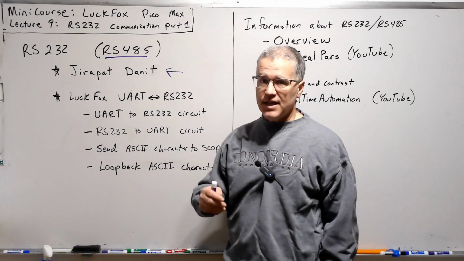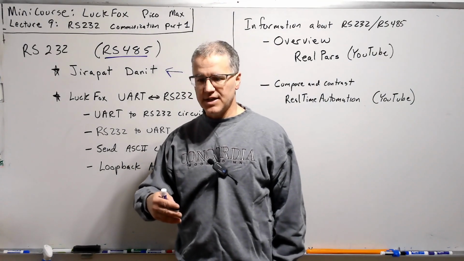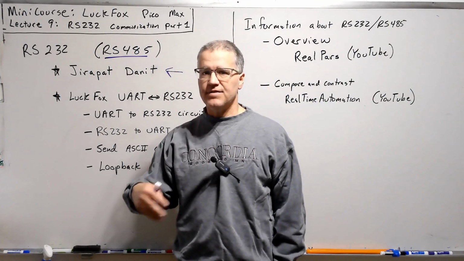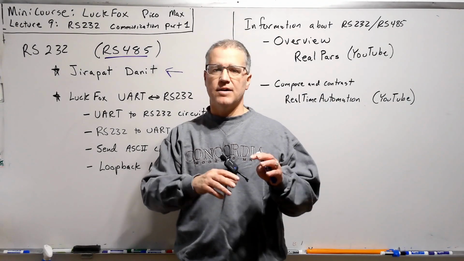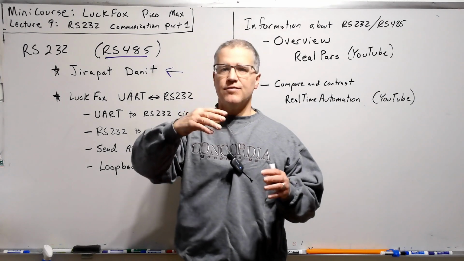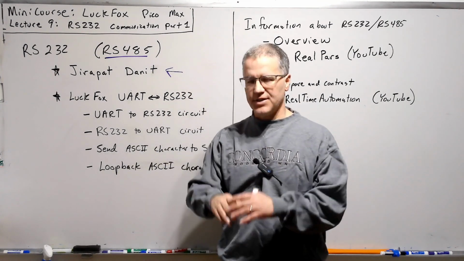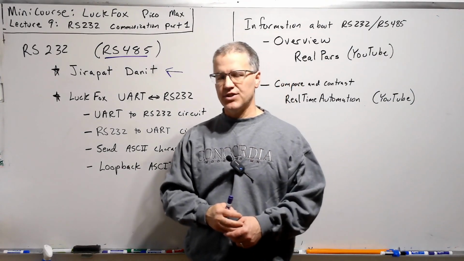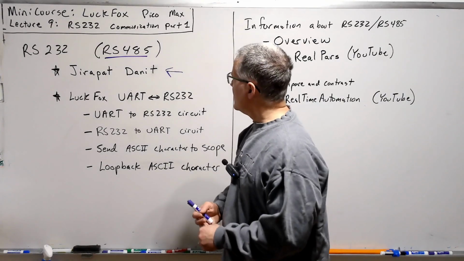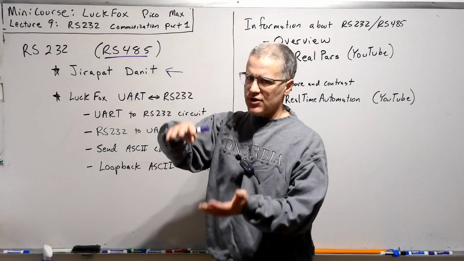It is a UART, a universal asynchronous send and receive, but in this video I'm going to reserve calling UART the TTL 0 to 3.3 volts coming from the LuckFox, and I'll say specifically RS232 communication to mean the -9 volts and the +9 volts. This is relative to a ground, so these wires go independently.